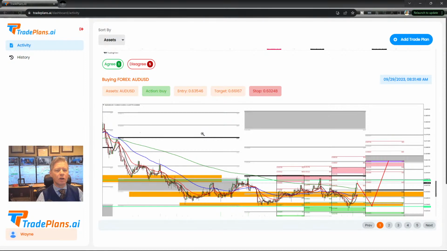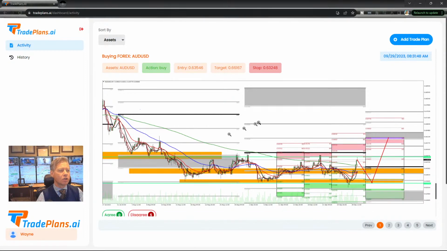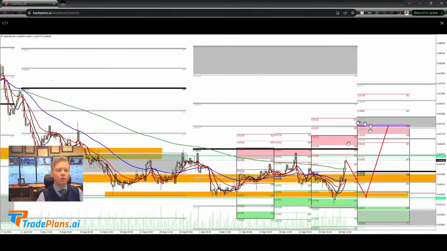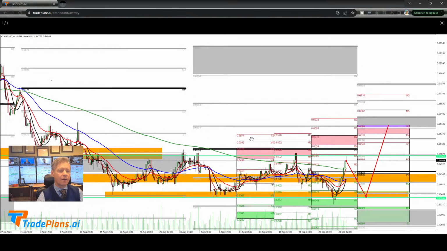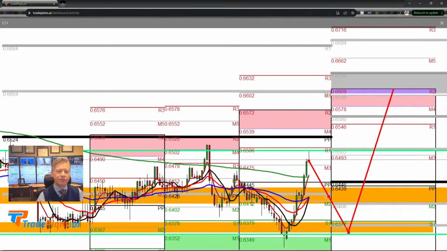Aussie dollar. Oh, Aussie dollar. Buying Aussie dollar. Okay. I suppose, I guess it's way out there. All right. So if Aussie dollar drops all the way back, then you buy it.